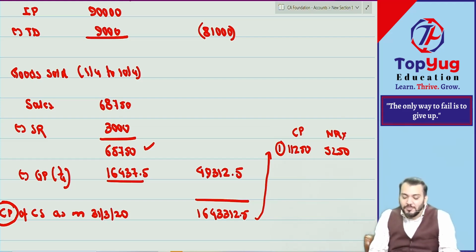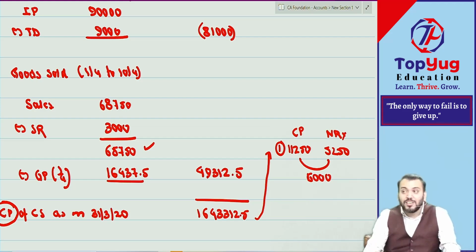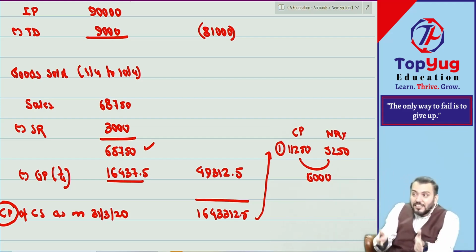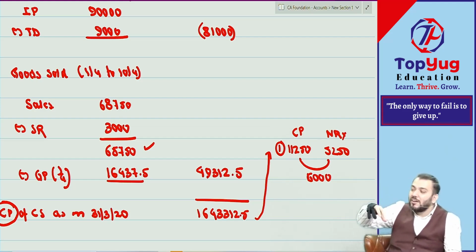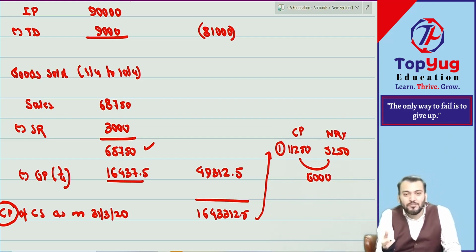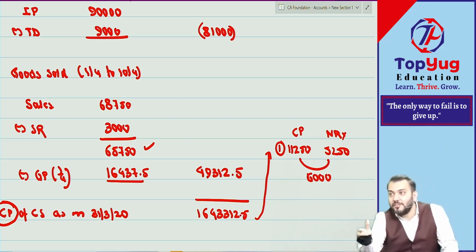The difference is 6,000. This difference is known as writing down the value of inventory. The way of saying it is that we are writing down inventory to its NRV.